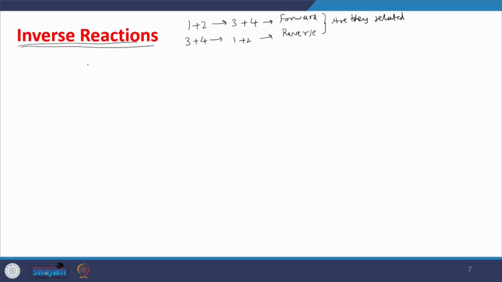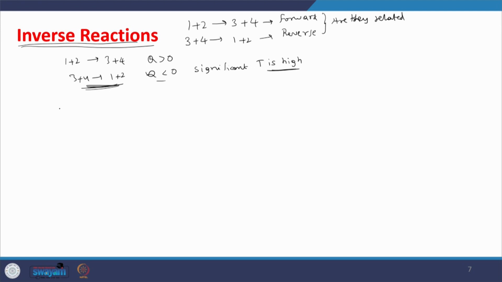So, 1 plus 2 giving rise to 3 plus 4 when Q is greater than 0. And if the Q value is negative, 3 plus 4 gives rise to 1 plus 2, with Q less than 0. This will become significant when the temperature is high. So, in that case also it is important to measure the inverse reaction.